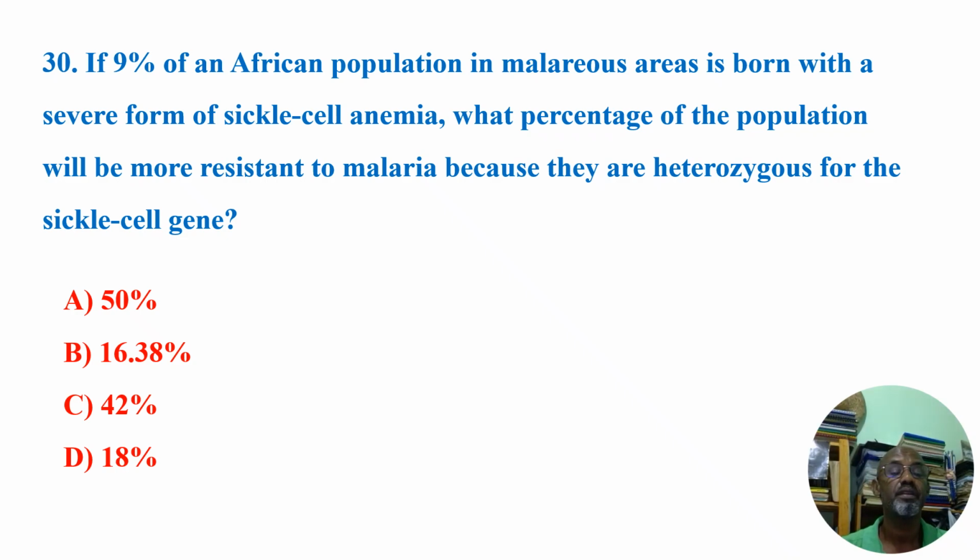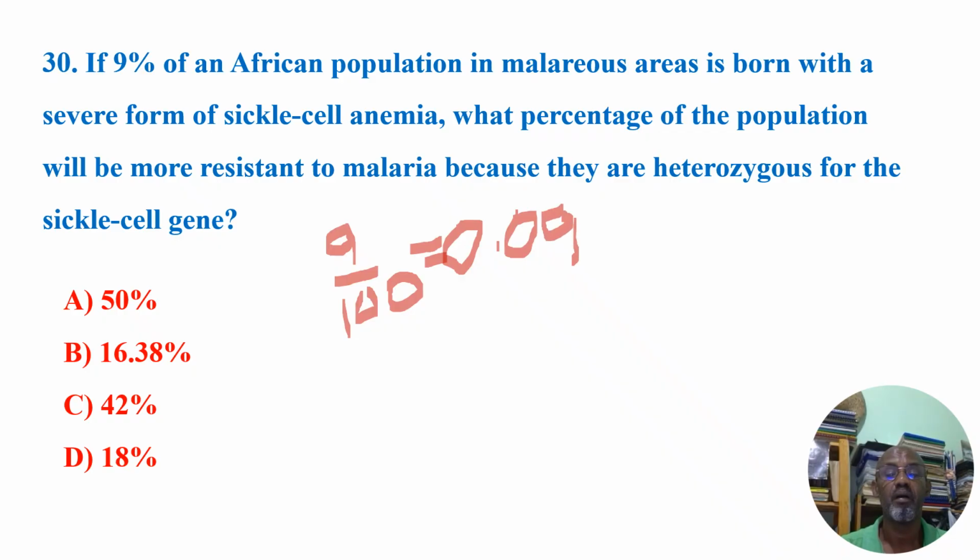Therefore, 9 over 100 is the frequency, Q squared. 9 over 100 means 0.09. This is Q squared.